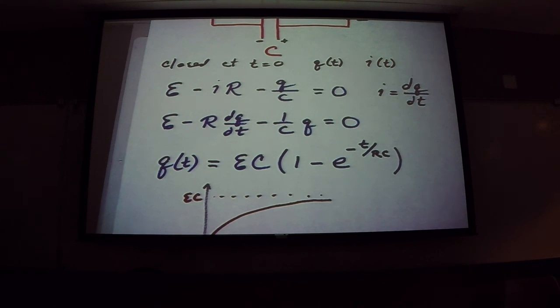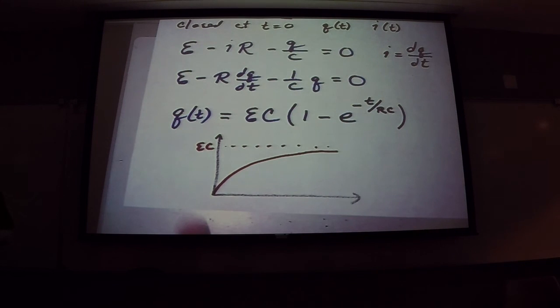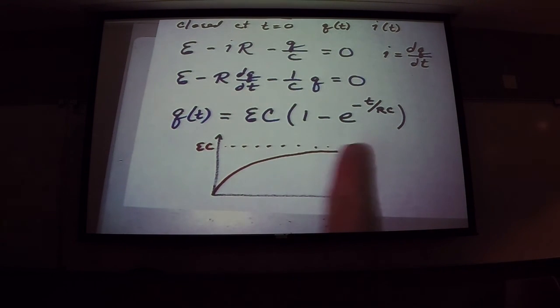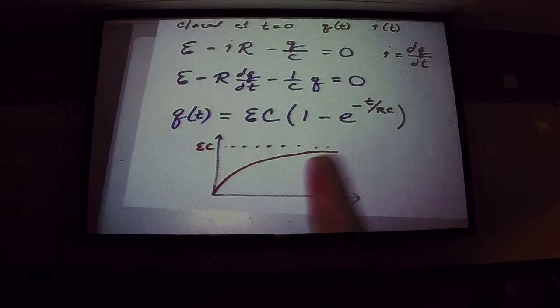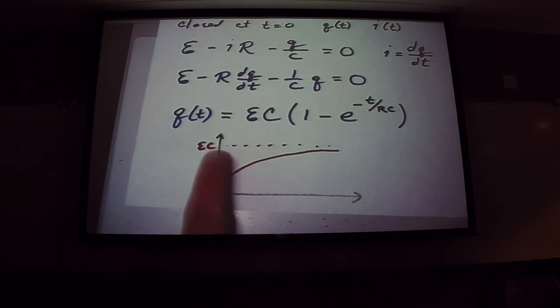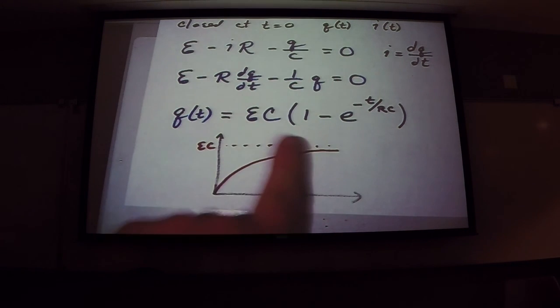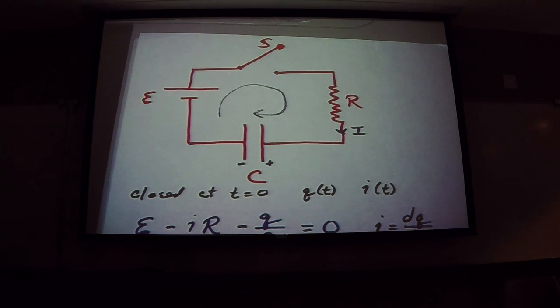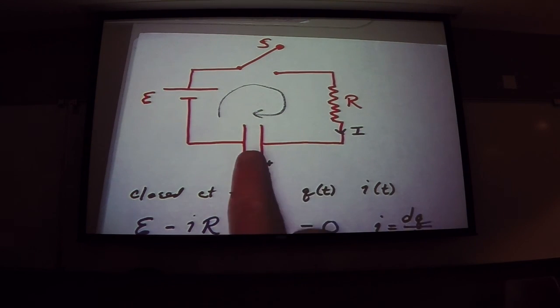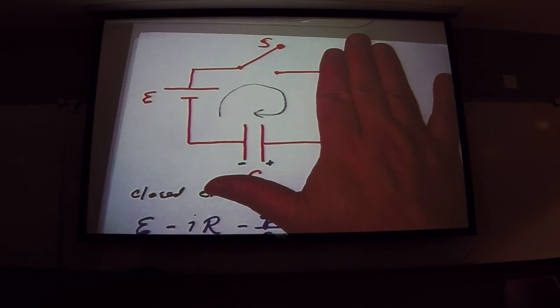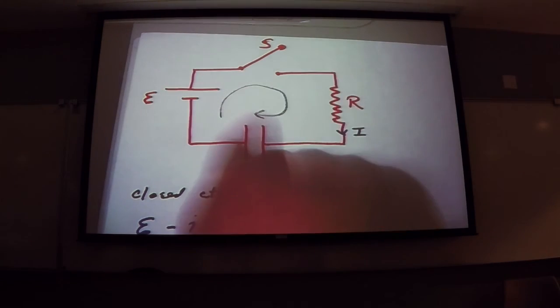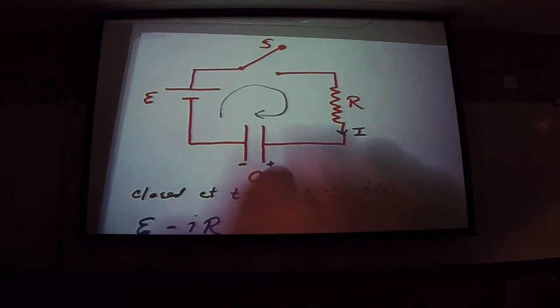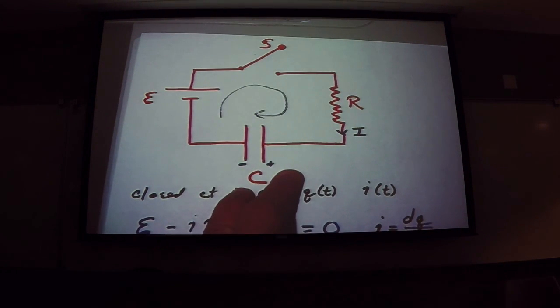So when you start out, it charges very fast, and then it slows down, and at long times it's going to be equal to E multiplied by C. Notice this is the voltage times the capacitance. This EC that it approaches is as if the resistor weren't even there. So eventually this whole thing charges up, and it's a fully charged capacitor.